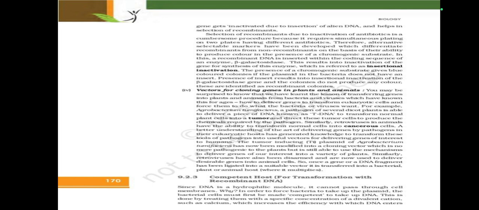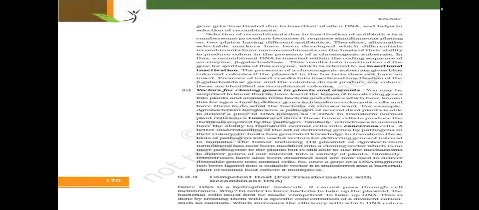Similarly, retroviruses have also been disarmed and are now used to deliver desirable genes into animal cells. So once a gene or a DNA fragment has been ligated into a suitable vector, it is transferred into a bacterial, plant or animal host where it multiplies.